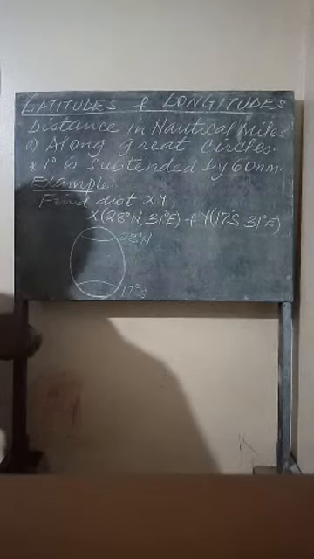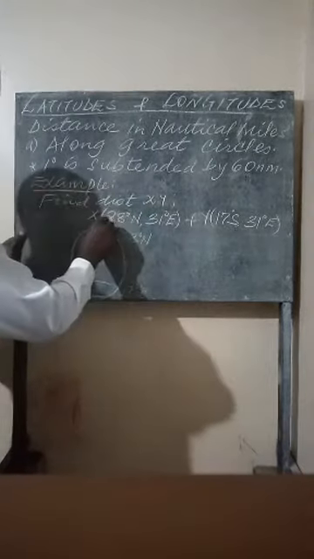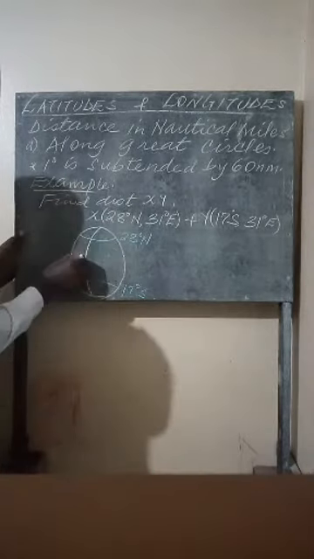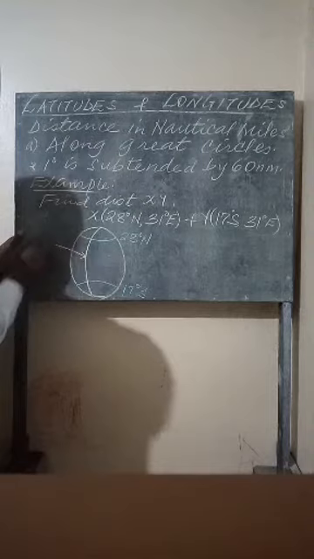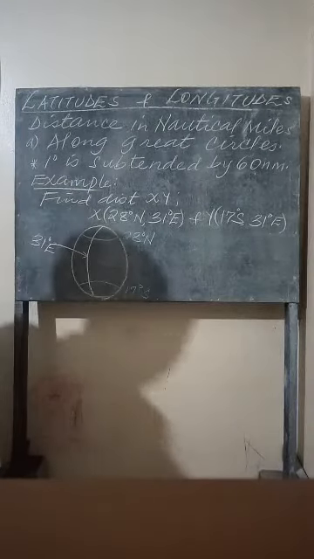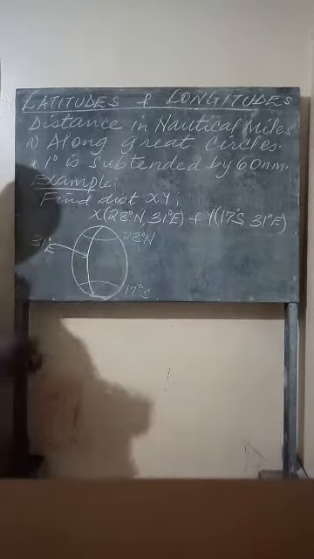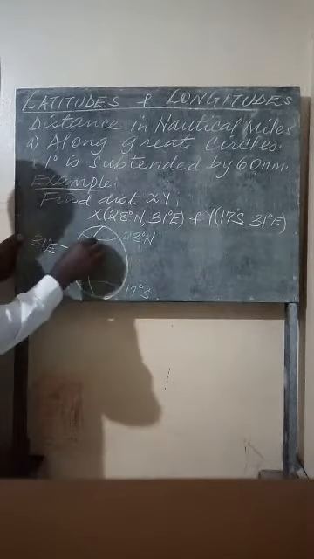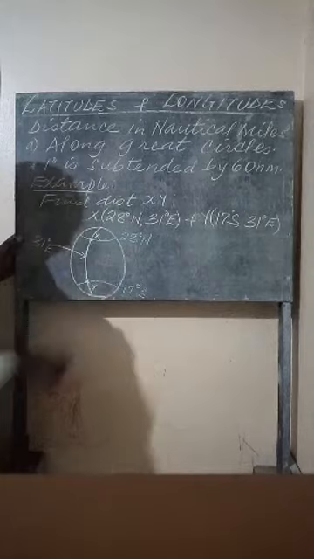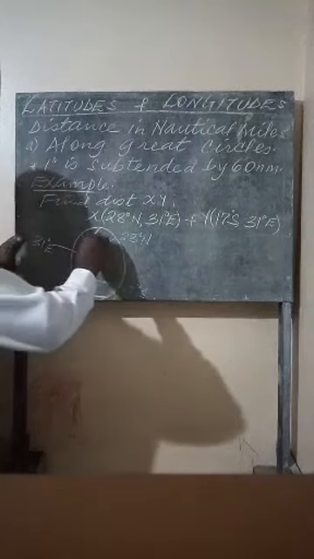Then the 2 points are hosted by the same longitude, and that longitude is 31 degrees east. This is where we have point X. This is where we have point Y, and we want to find this distance.